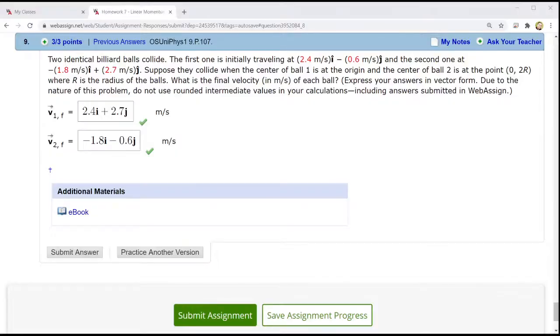Actually, we didn't write out the second equation. Whoops, I just wrote out two versions of the same equation. The second equation will be the conservation of kinetic energy expression. There's no change in kinetic energy horizontally. There's no change in kinetic energy vertically. So if you write that expression out, then you'll have two equations with two unknowns, and then you can solve for the two unknowns.